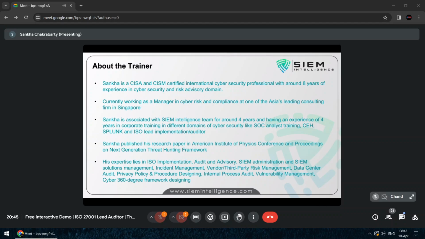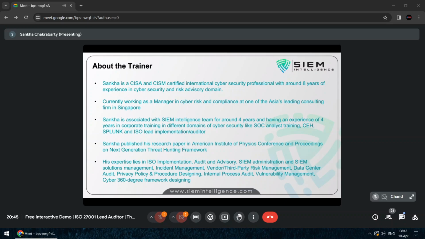Currently, I'm working as a manager in cyber risk and compliance at one of Asia's leading consulting firms in Singapore. I have been associated with this particular institute for around 4 years, and I have 4 years of experience in corporate training specific to domains like SOC analyst, CEH, Splunk, and ISO implementation and auditor.